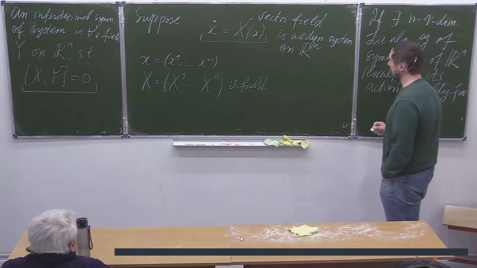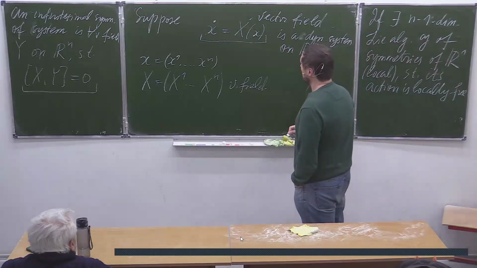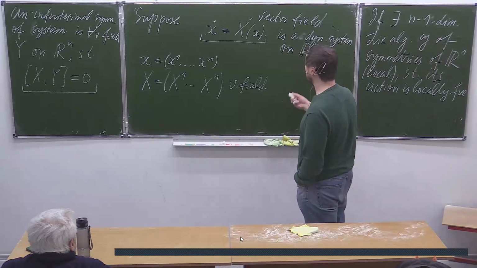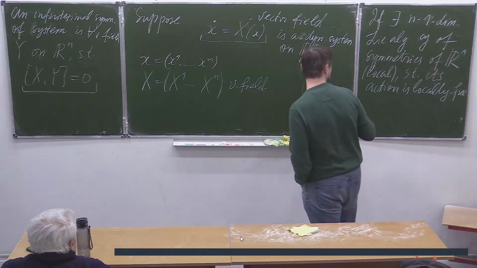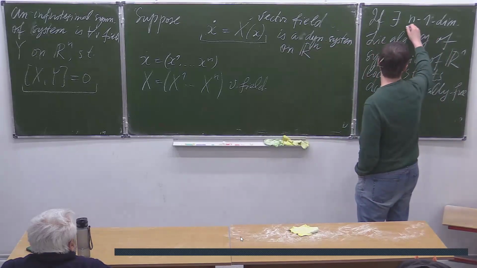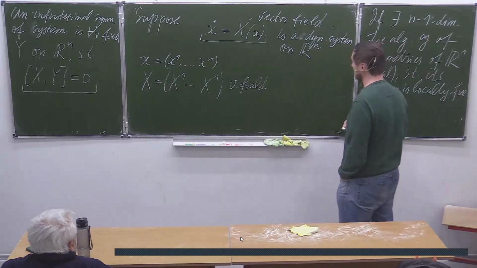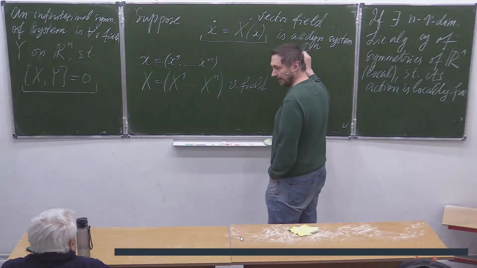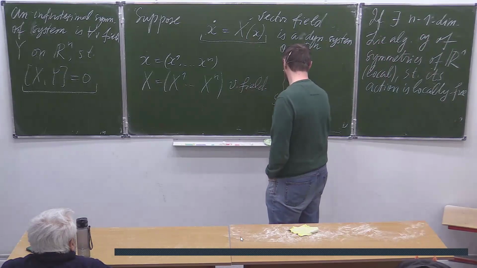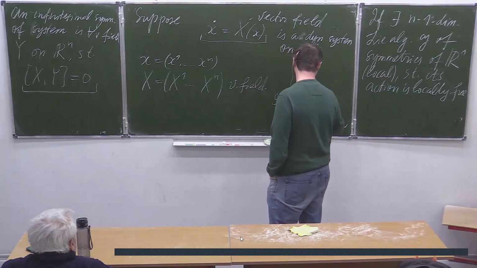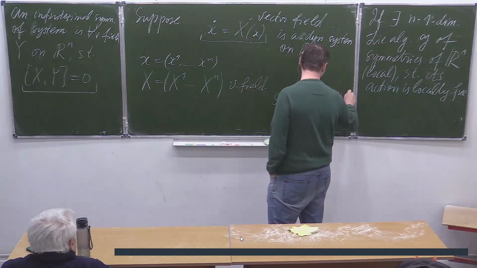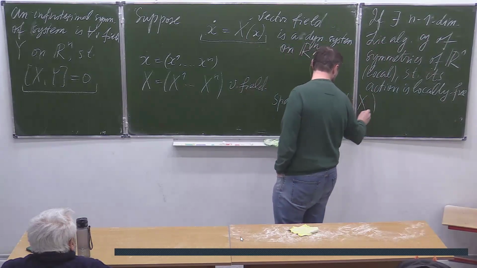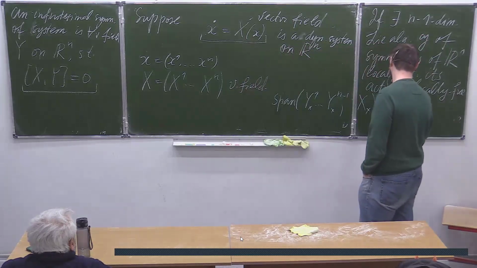In the sense that the span of tangents, the span of the values of vector fields in this algebra plus the vector field x will cover the whole Rn locally. Yeah? Span of y1 through yn-1, x at the point x is equal to Rn.